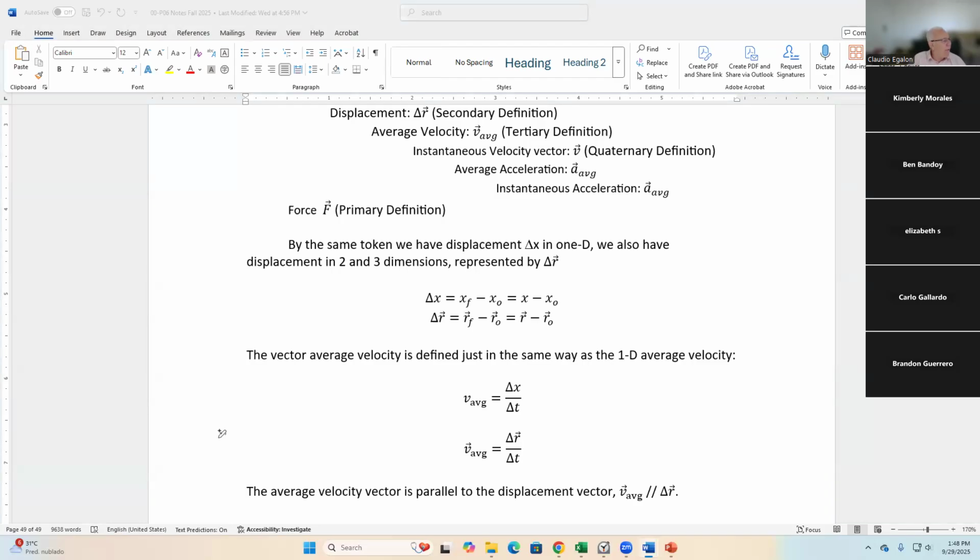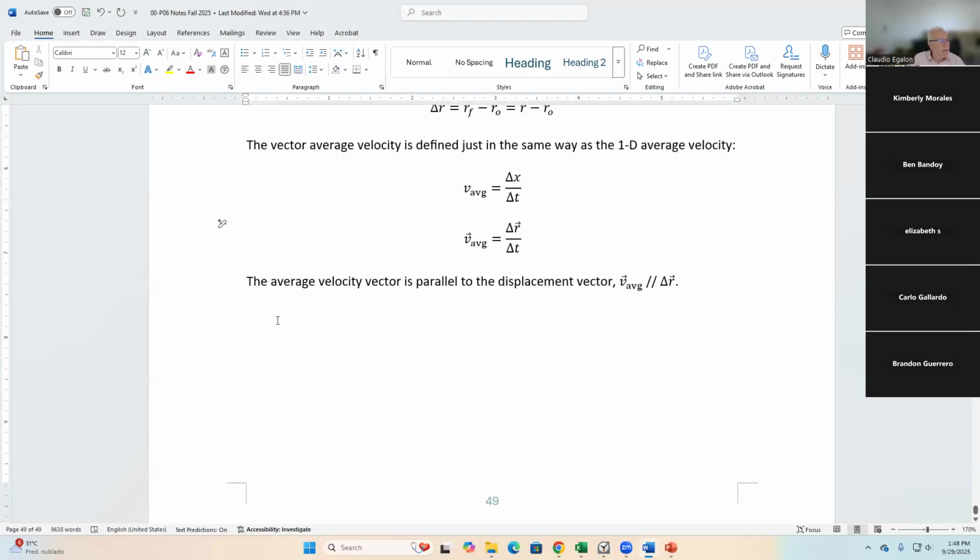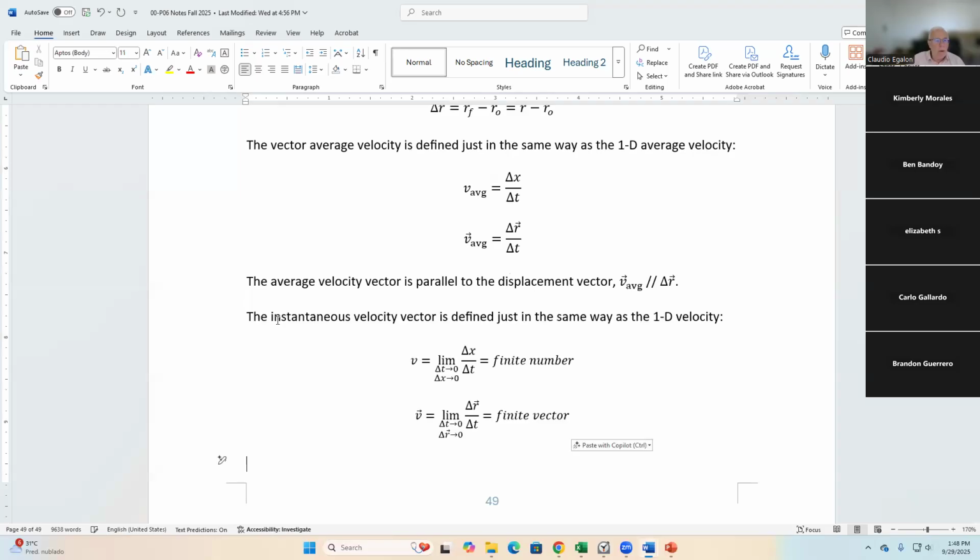Just like in the one-dimensional case, we have to apply the limit delta t going to 0. If delta r is a finite number, here's going to be a finite vector.